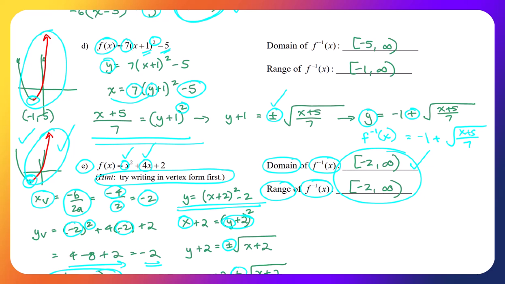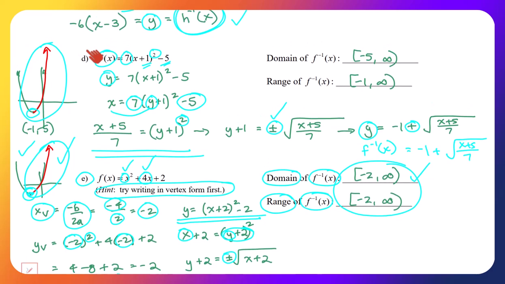Let me go back and make sure you understood this one up here, D, that if I take the original function's range, that goes from -5 to infinity, that's the domain of the inverse. If I take the original function's domain, which goes from -1 to infinity, that's the inverse's range. I can see the original function, I just take the domain and range of the original function and switch them.